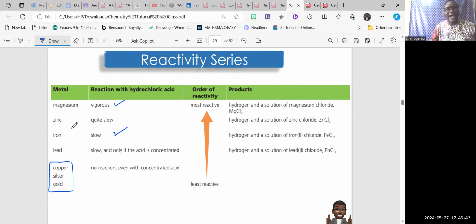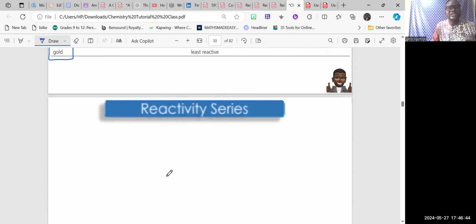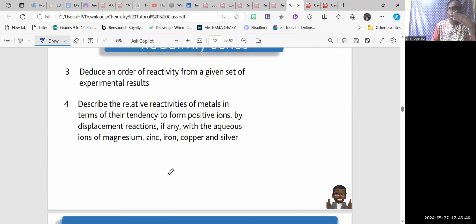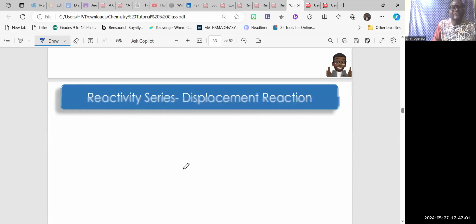Now, I want to link this reaction to displacement reaction. Displacement reaction would then link it to redox. So you need to be able to define displacement reaction. So who is defining displacement reaction for us?